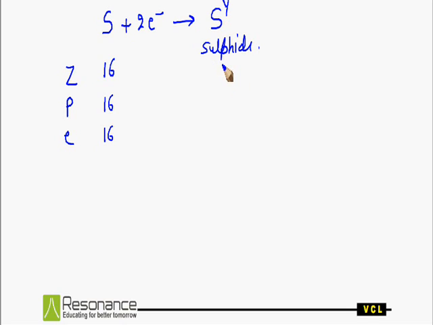In case of sulfide ion, Z is 16, protons will be 16, but electrons will be 18 because it has gained 2 electrons.